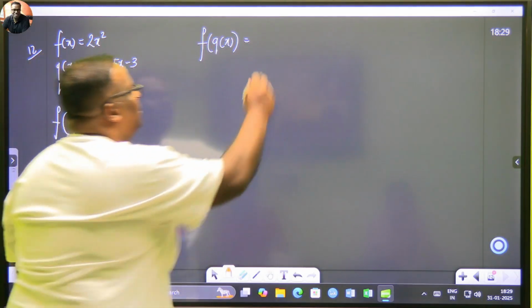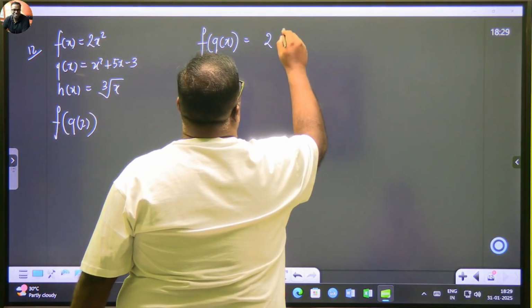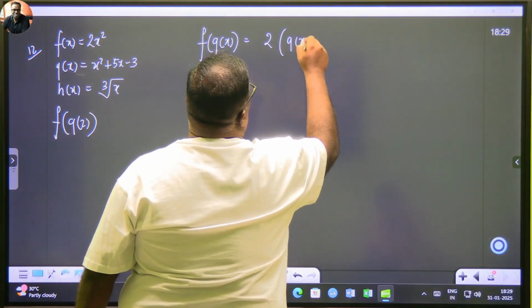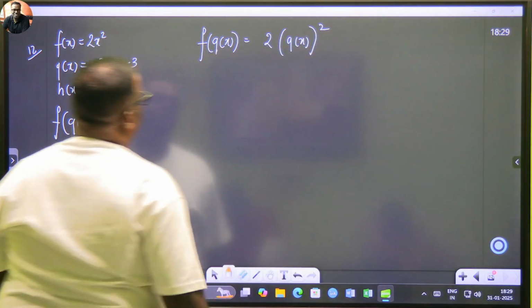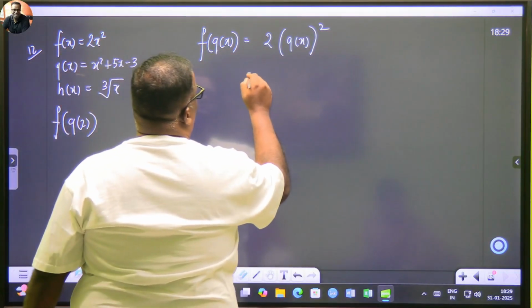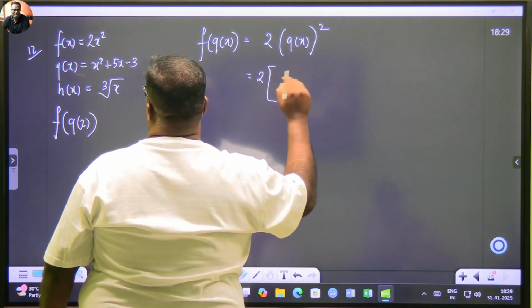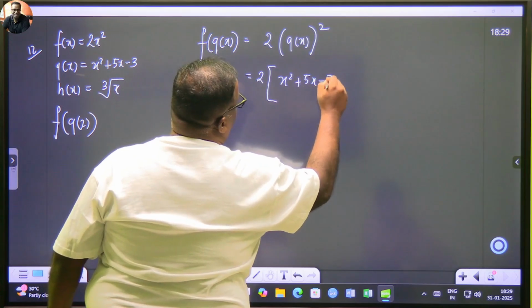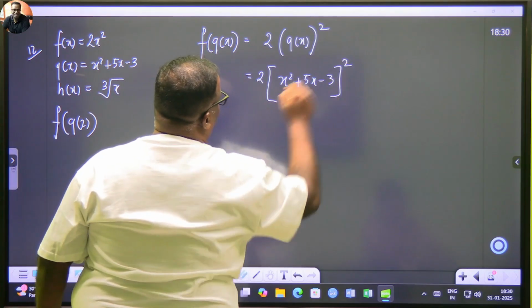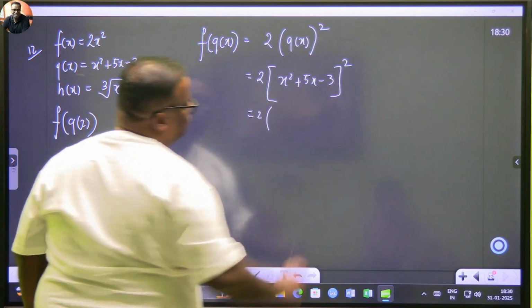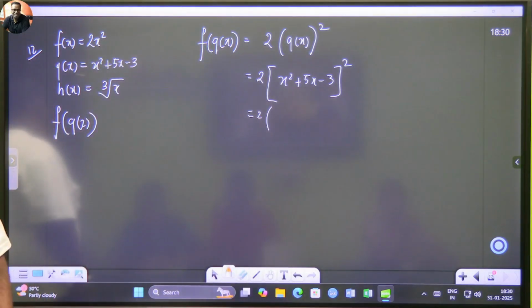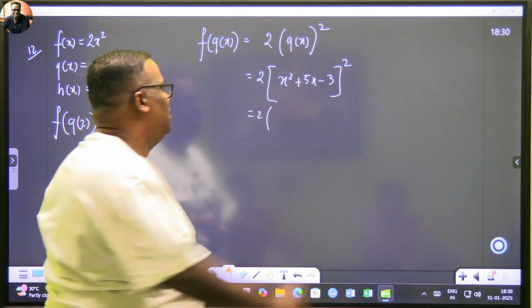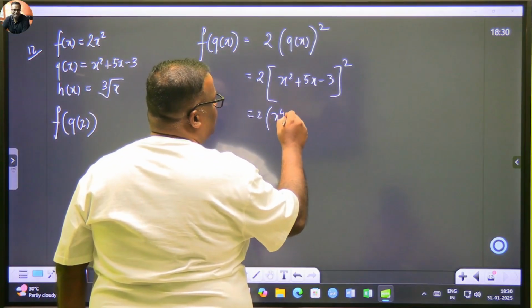Let's go. So 2 into g of x whole square. Understood? So 2 times we have got x square plus 5x minus 3, whole square. Do you know the a plus b plus c whole square formula or not? a square plus b square plus c square plus 2ab plus 2bc plus 2ca.